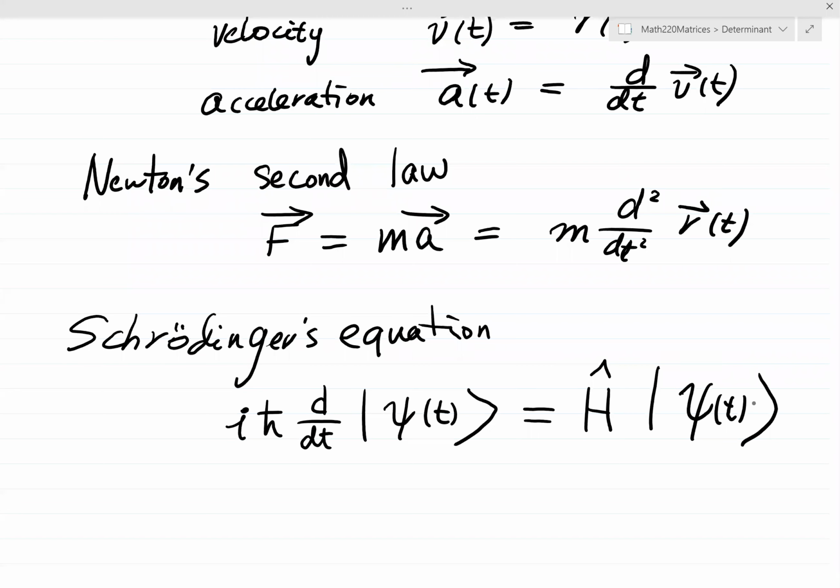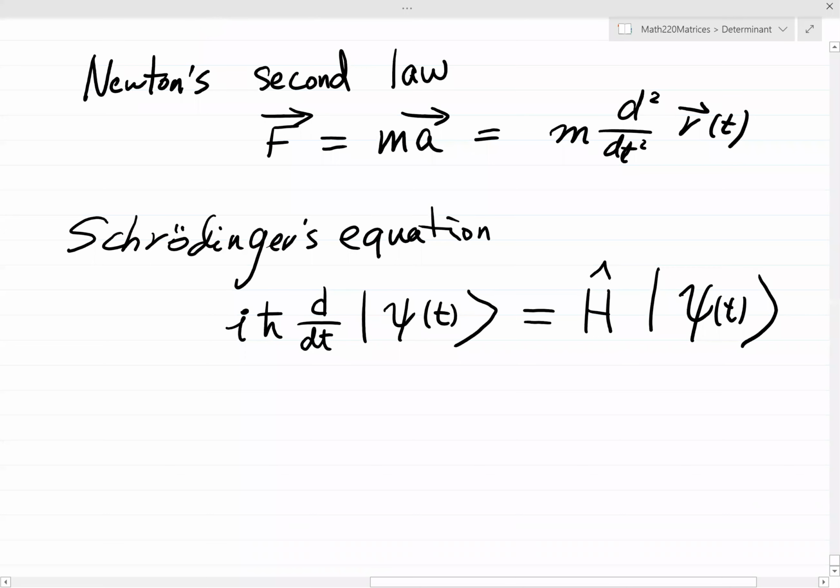This is why quantum mechanics is also called matrix mechanics. It describes how the state of a quantum system changes. The reason that causes the change of this quantum system is determined by a matrix called the Hamiltonian. So this matrix H totally determines how this quantum system changes.